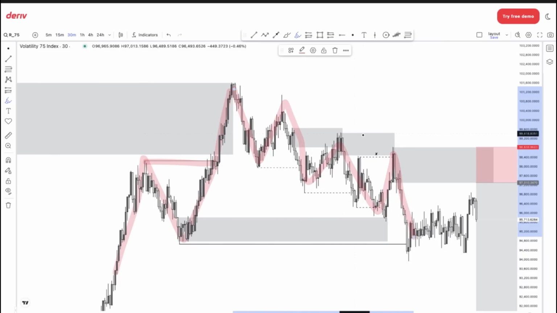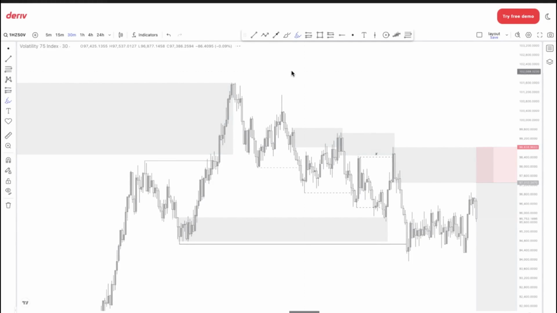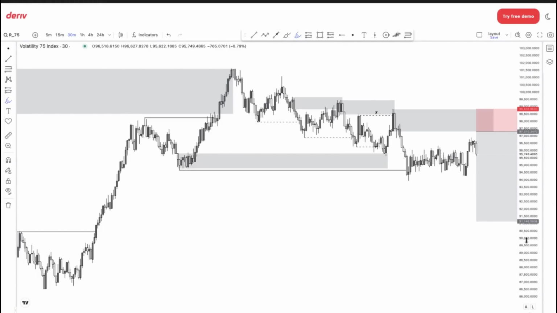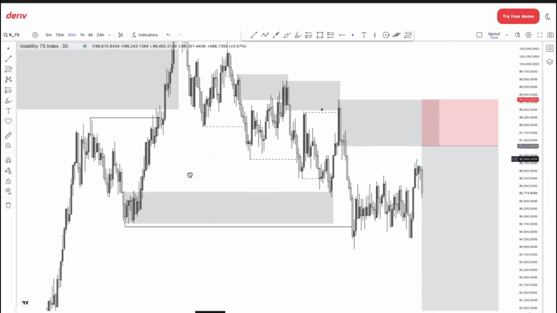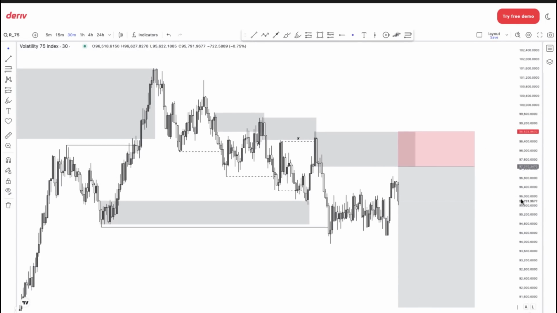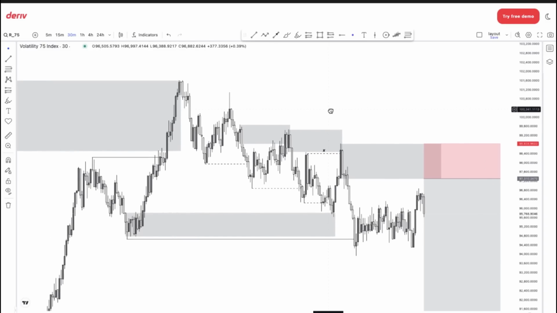So as you can see, supply is currently holding price. But that doesn't mean that we can look for some selling opportunities right away, simply because the internal structure is now printing out some lower lows and lower highs.